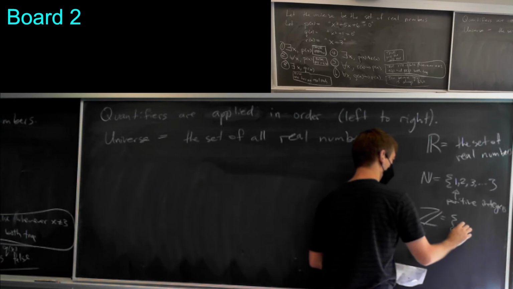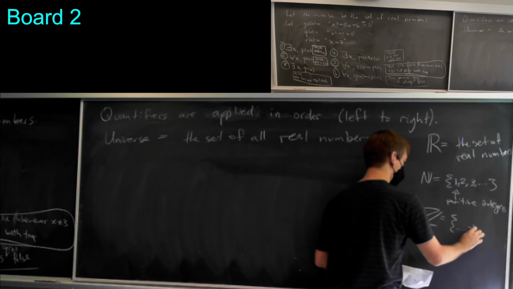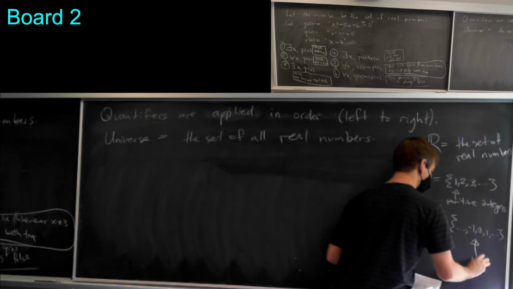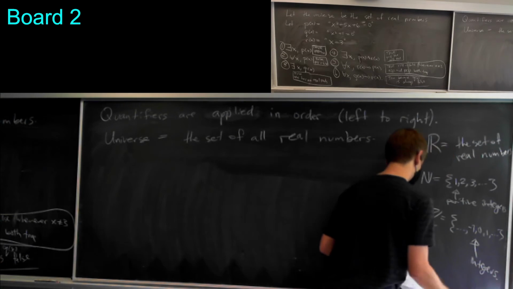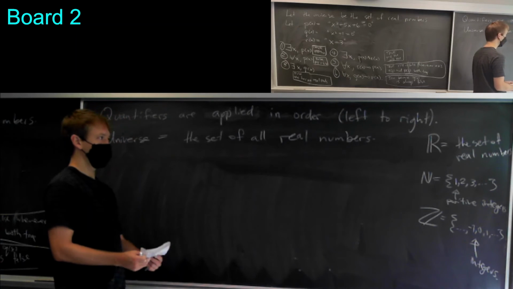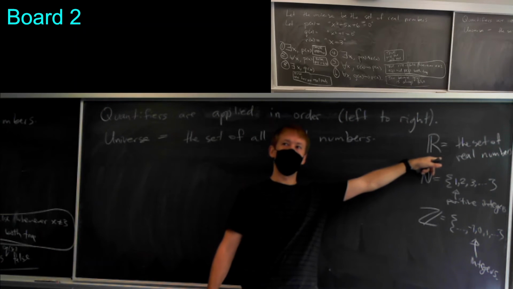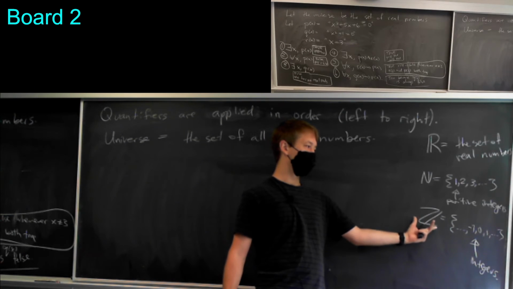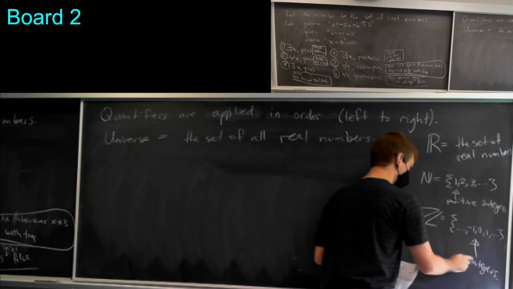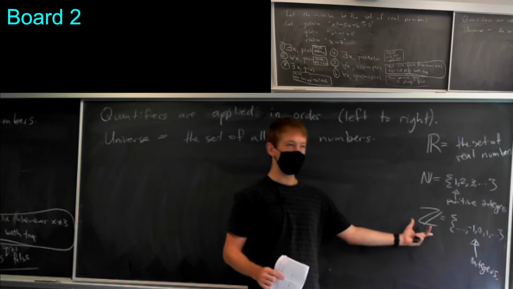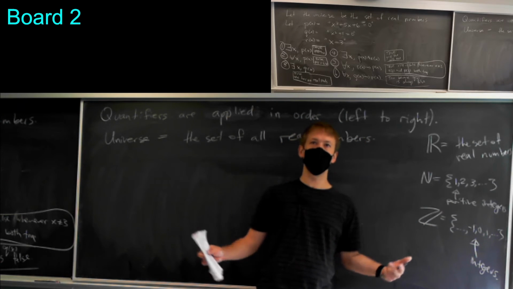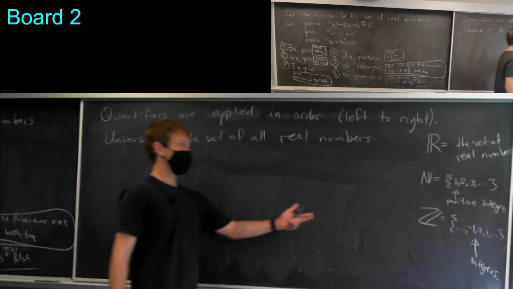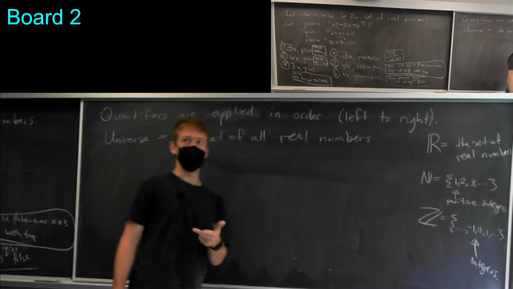Z is the set of all integers, all positive or negative whole numbers. So if I say that the universe is R, then I mean the universe is the set of all real numbers. If I say the universe is N, then I mean positive integers, and so on.